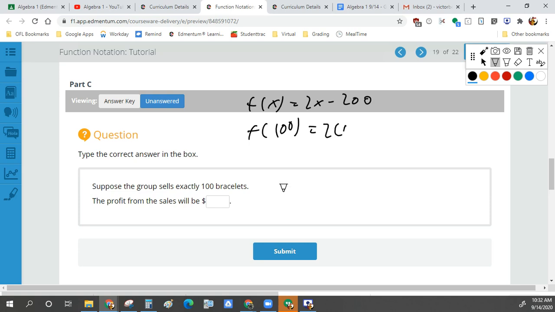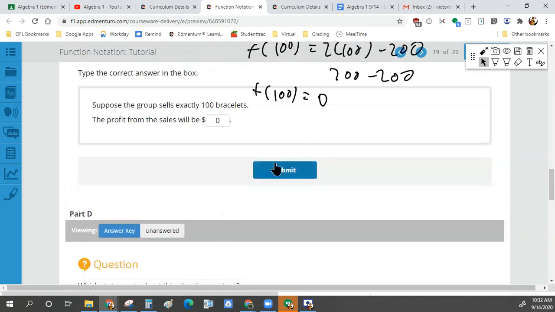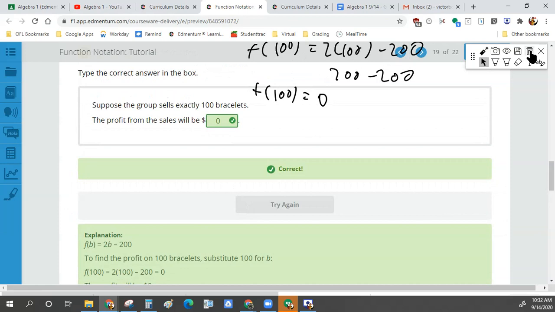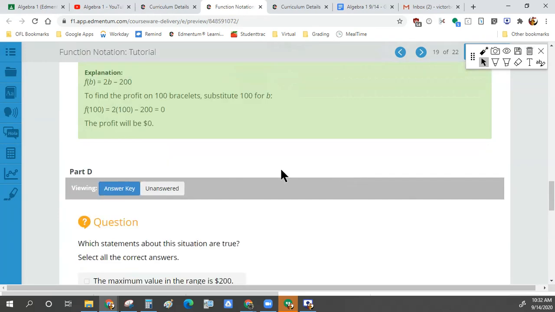So this is 2 times 100 minus 200. 2 times 100 is 200 minus 200. Well, guess what? Our f of 100 is 0. So they have to sell a lot of bracelets to make up for it. Otherwise, they're going to have to increase their price. They have to sell half of their bracelets to make it, basically.